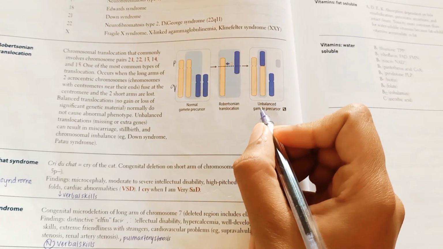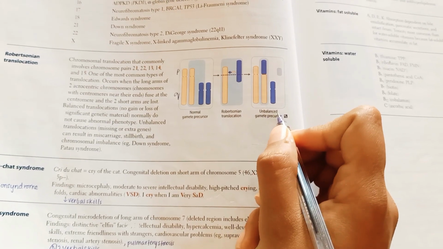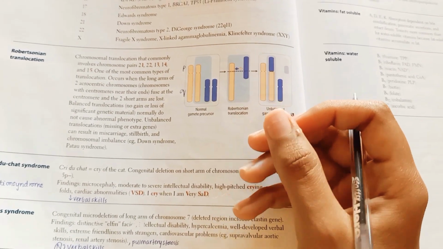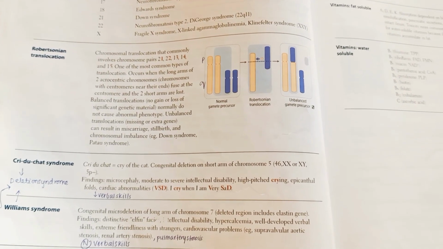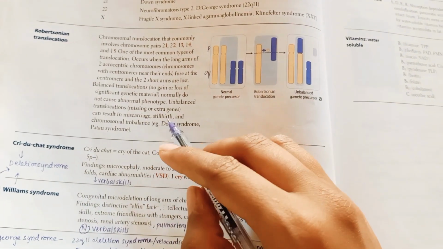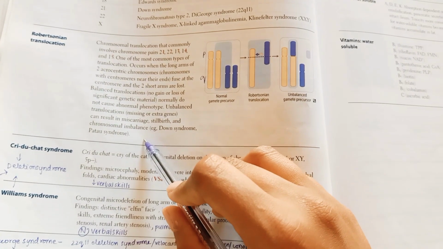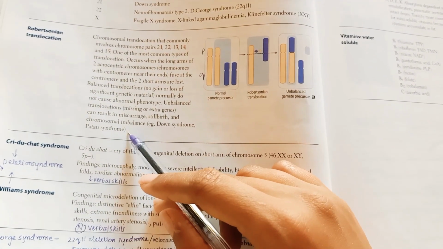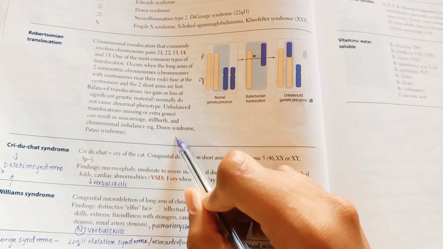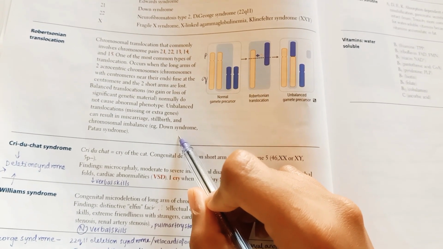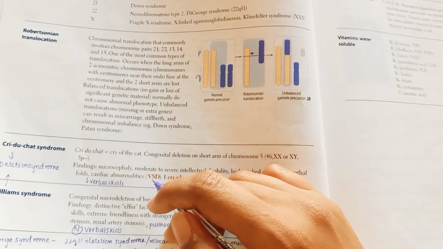So this type of translocation is called unbalanced gamete precursor or translocation. But this kind of translocation may result in miscarriage, stillbirth and chromosomal imbalances like Down syndrome and Patau syndrome. That's why in Down syndrome, if you remember the mnemonic alcohol and beer, in that beer, R represents Robertsonian translocation, which may lead to Down syndrome.